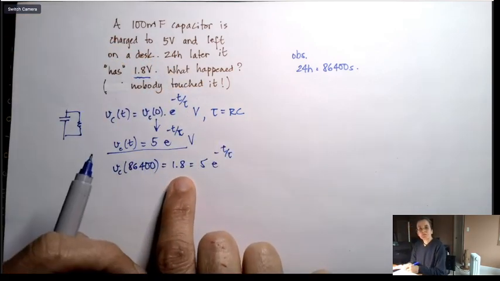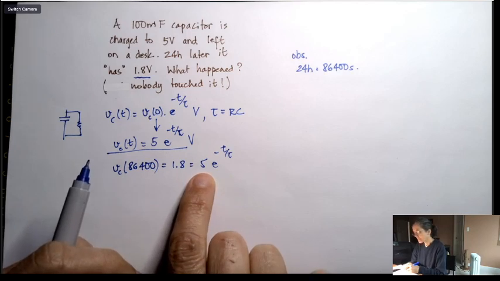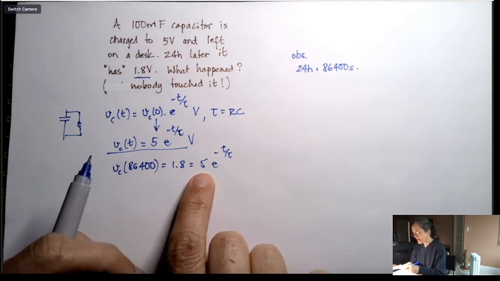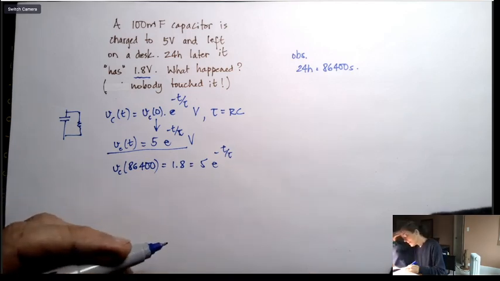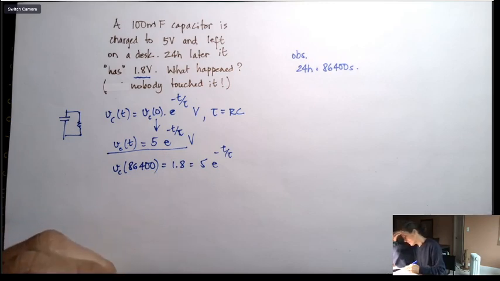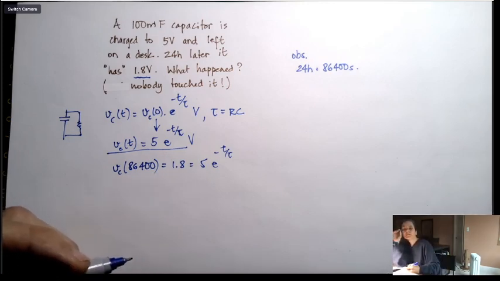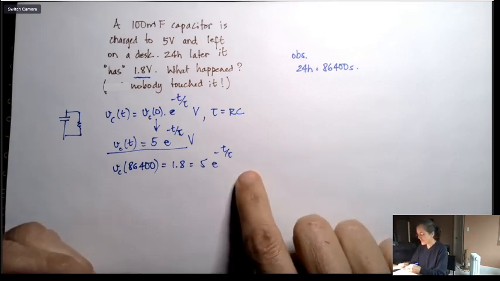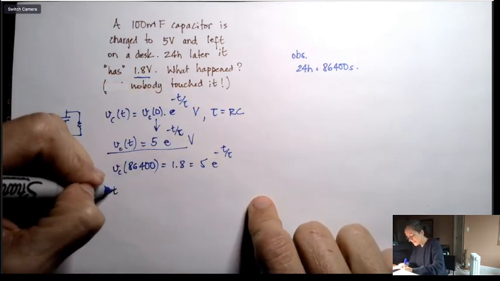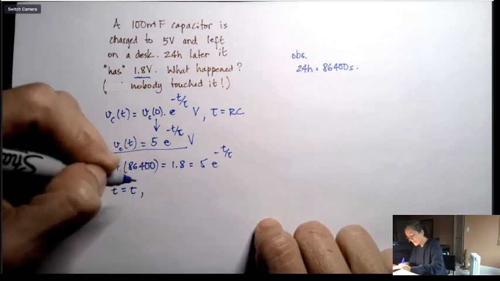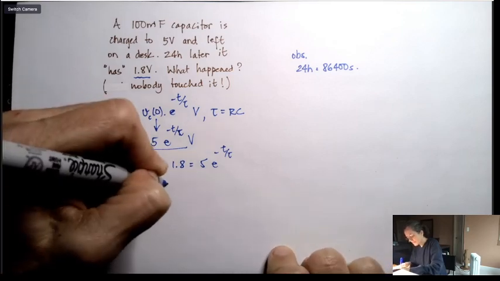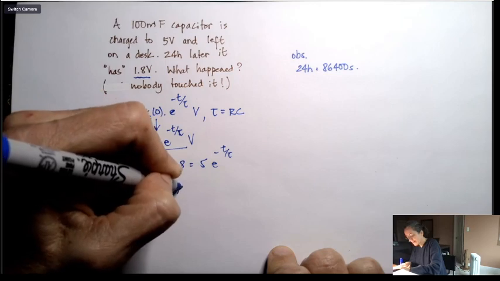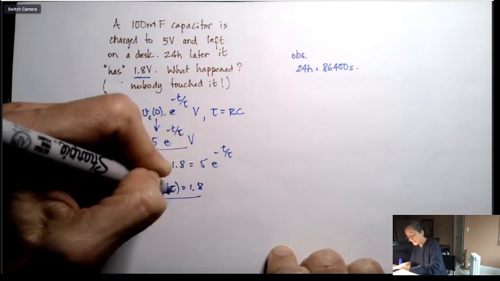And it turns out 1.8 volts is sort of 64% less than 5. So I have this strong feeling that when t equals tau, then the voltage across the capacitor at that time, at tau, will be 1.8 volts.